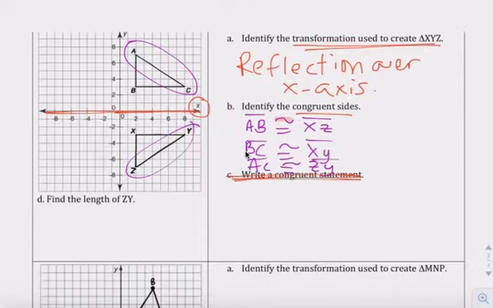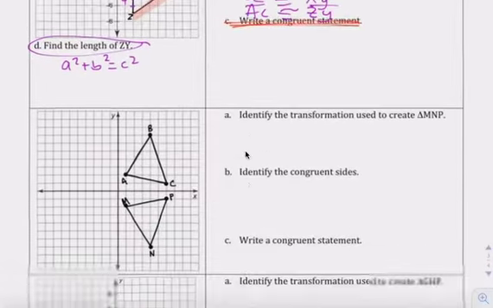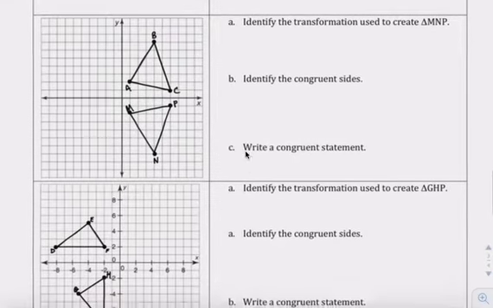Okay? Find the length of ZY. Find this length right here. We use a squared plus b squared equals c squared. 1, 2, 3, 4. 1, 2, 3, 4, 5, 6. So make sure you do that one at home for homework. Do not leave it blank.